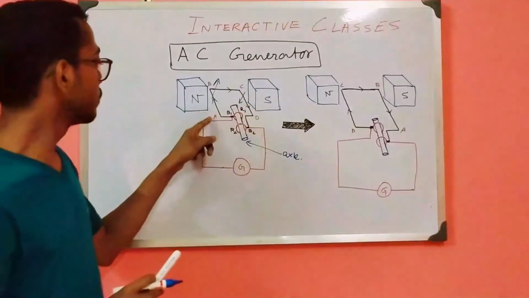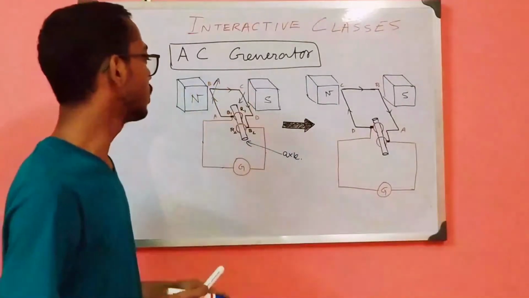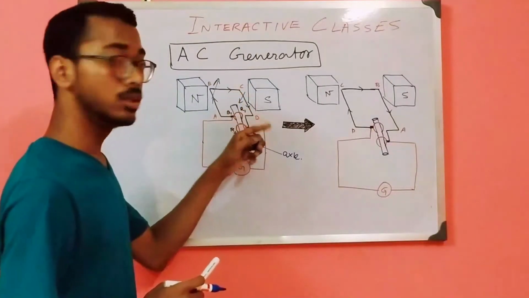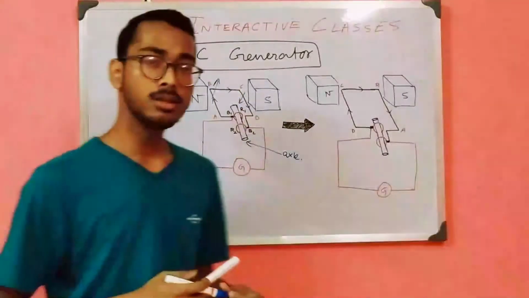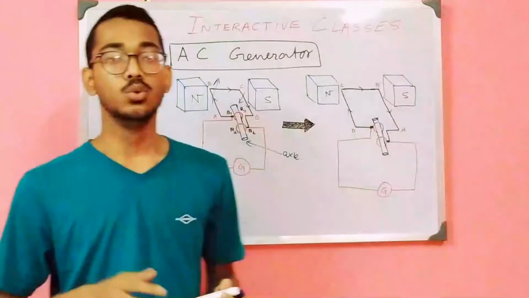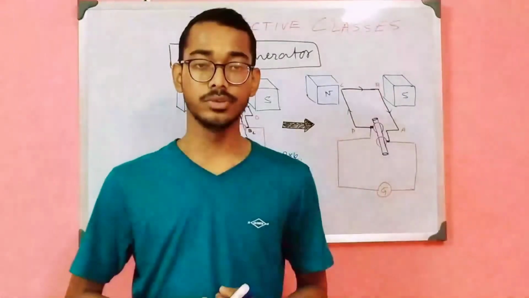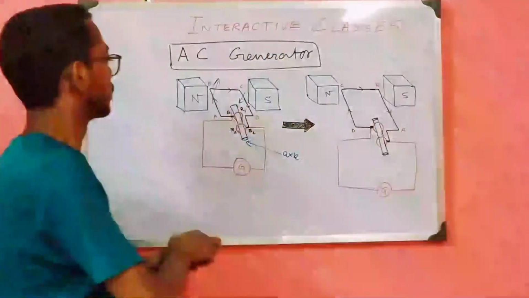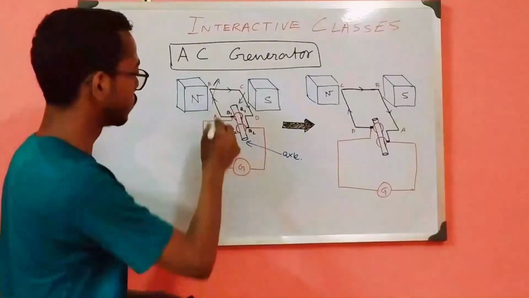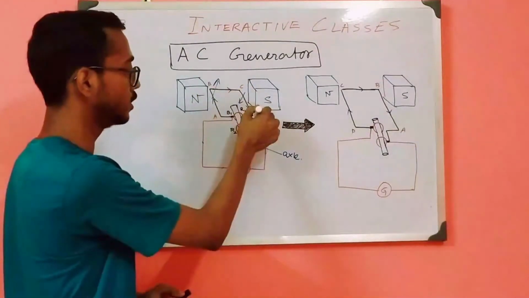The arm AB goes upward and the arm CD comes downward. Applying Fleming's right hand rule, which we have discussed in our previous classes, we see the flow of current is from A, B, C, D.